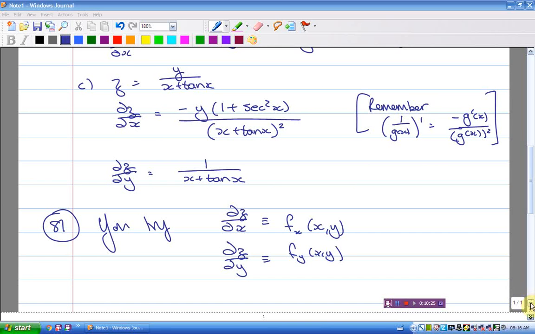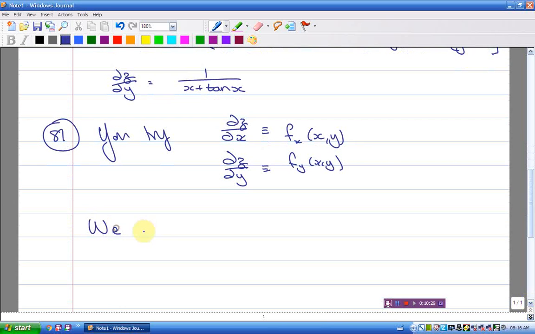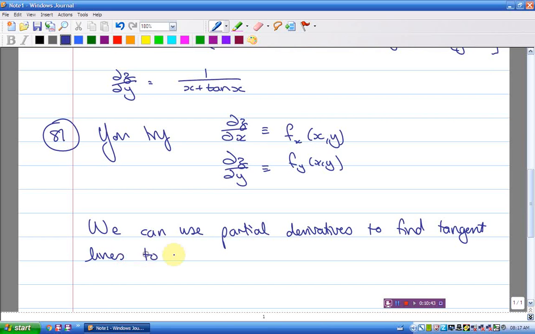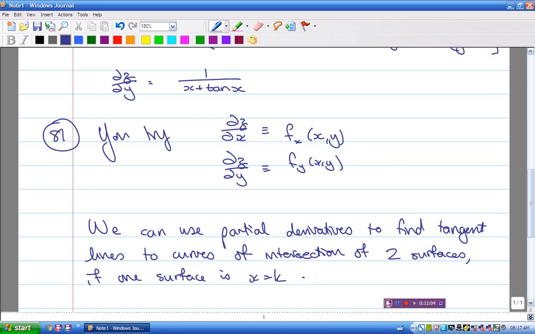We can use partial derivatives to find tangent lines to curves of intersection of two surfaces, if one surface is x equals k or y equals k. In other words, a vertical plane.